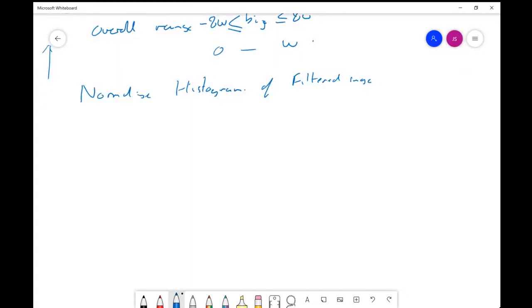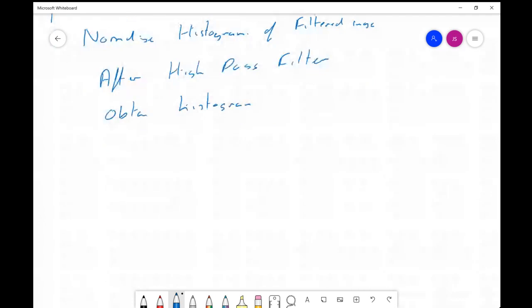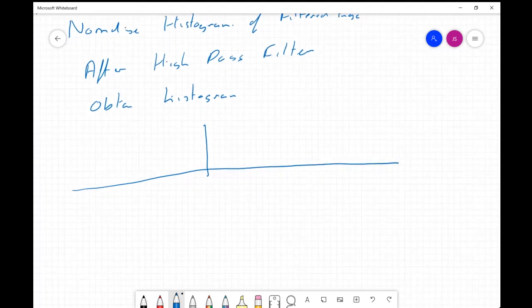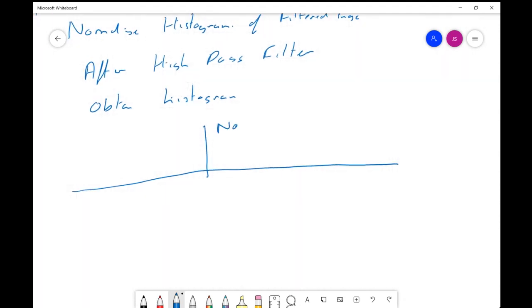So having filtered the image, and the histogram of the raw filtered image, this is number and this is intensity.